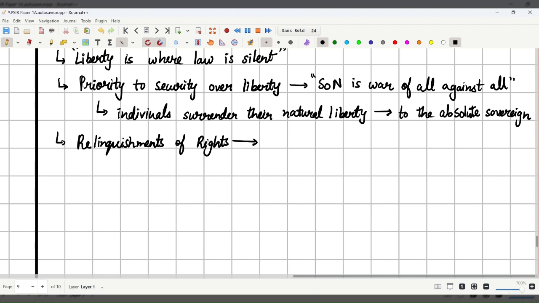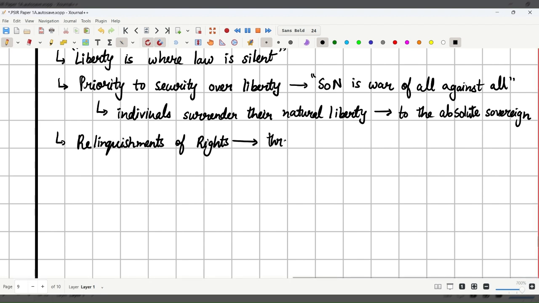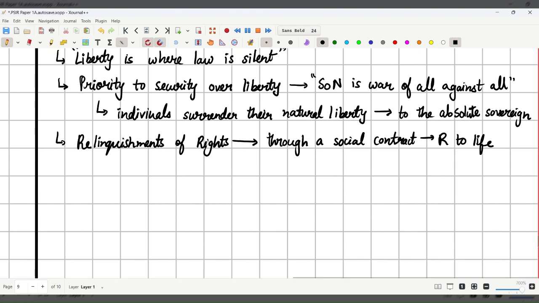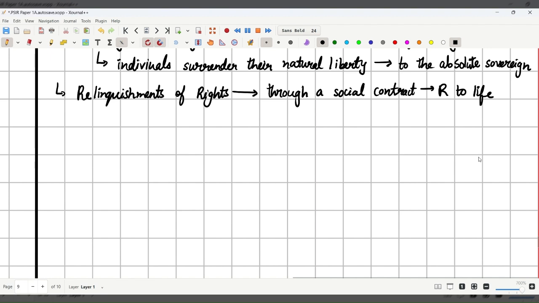His concept of negative liberty is built on the fact that subjects have willingly relinquished their natural rights through a social contract, and they only retain their right to life, okay. Beyond that, liberty is what the state permits. They also have a right to resist if the state fails to implement the social contract, okay.